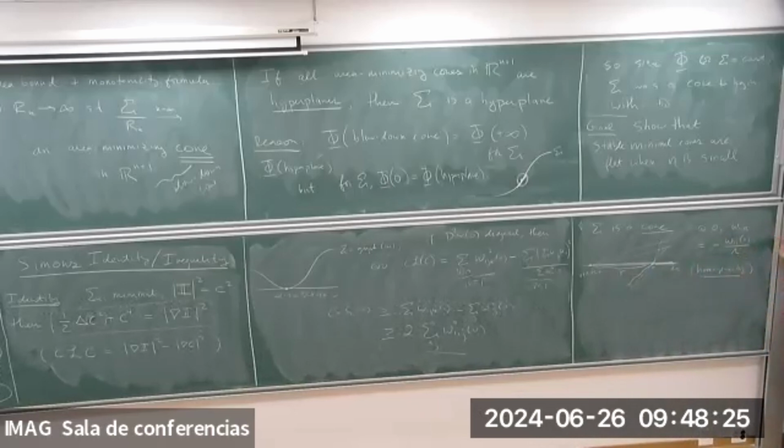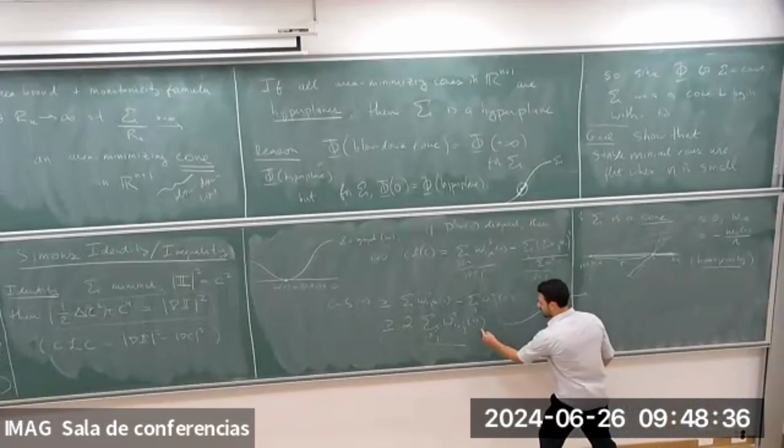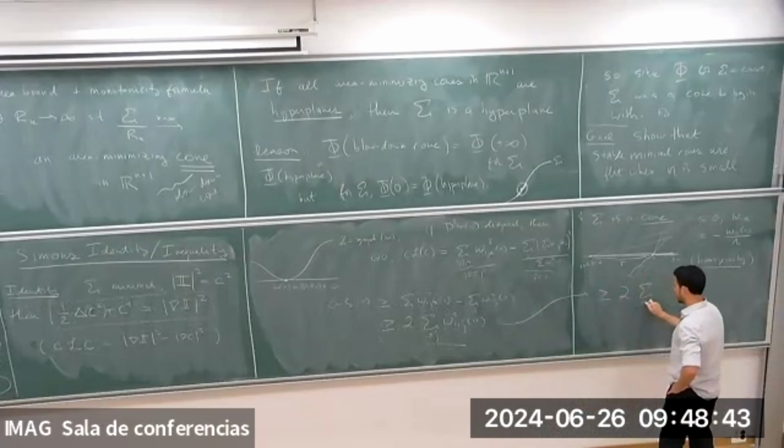So I'm not doing anything fancy. I'm just using the fact that the cone is a one-homogeneous structure to get this expression. So for the cone, if I want to write this thing right here, it's for sure bigger than or equal to 2, the sum over i less than n.